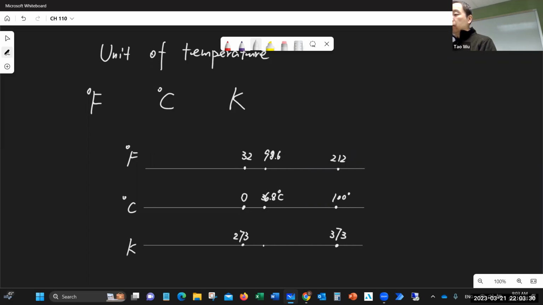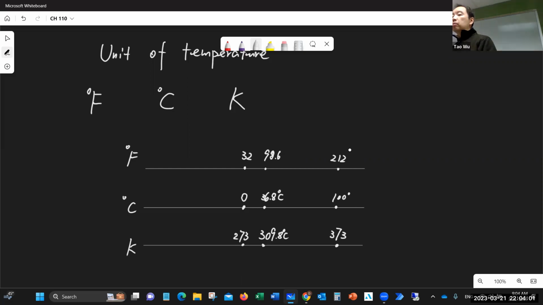For the body temperature, it's just 273 plus 36.8. That's it. So you can see that's going to be 309.8. So that is Kelvin.